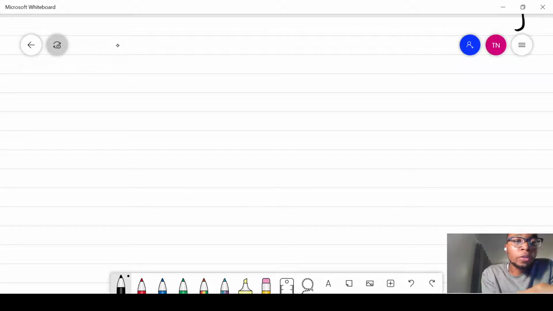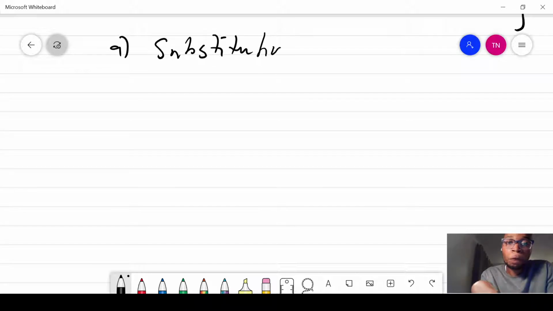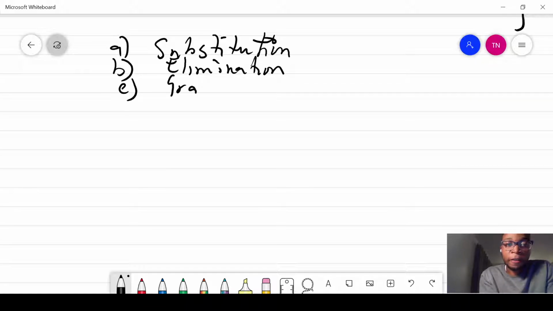Today I'm going to be solving simultaneous equations using three techniques. The first one is by substitution. The second one is by elimination. And the third one is by graphing. You can use these techniques.